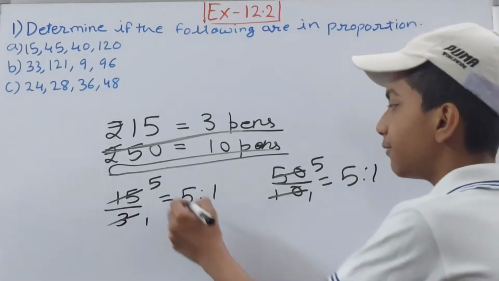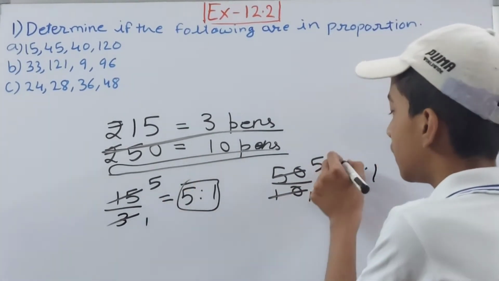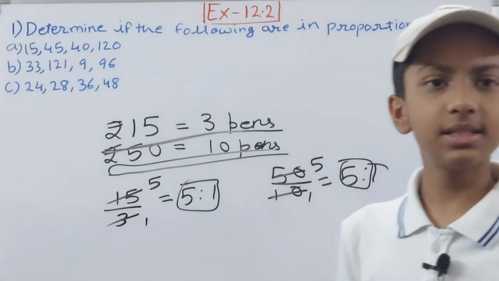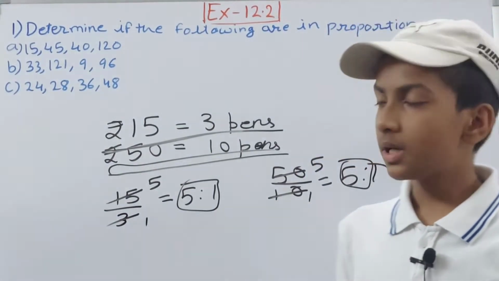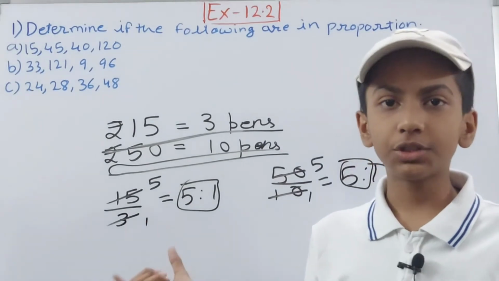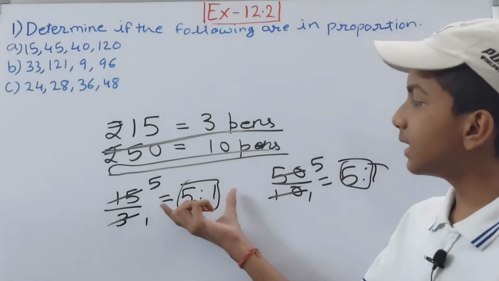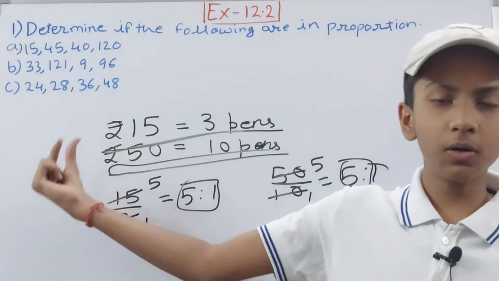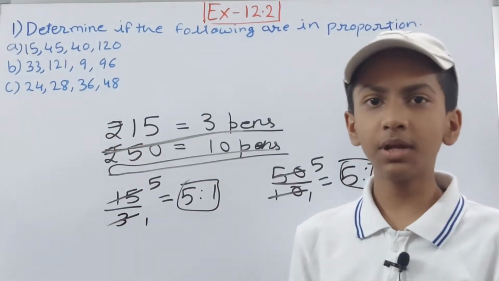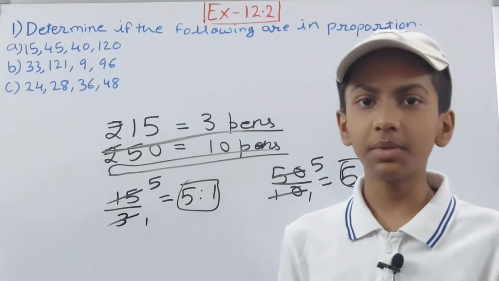Now you can see that when you are getting the same ratio here and here also, then you can say that both of these are in proportion, or basically have the same value. So you can say here that both of them have bought pens at the same rate. No one has bought costlier pens.